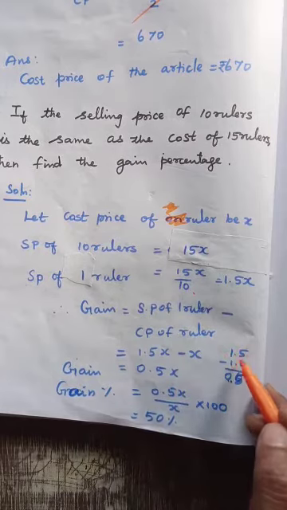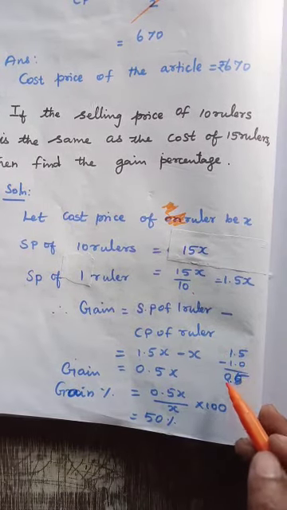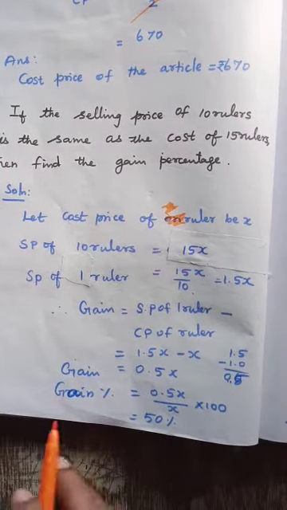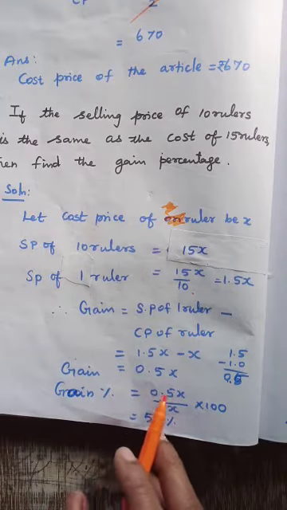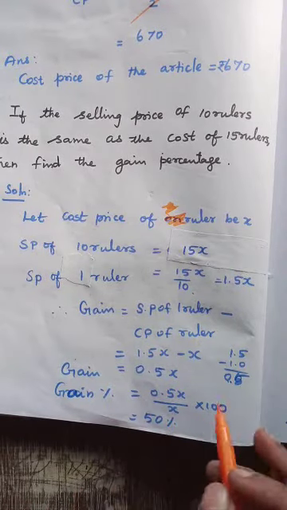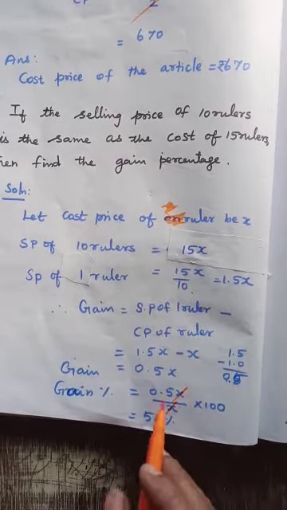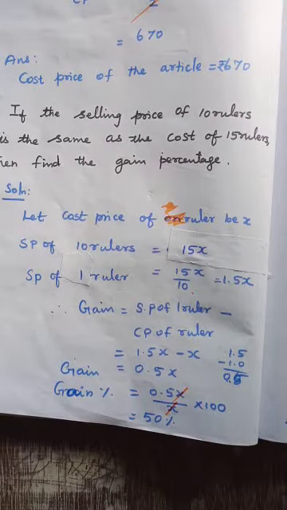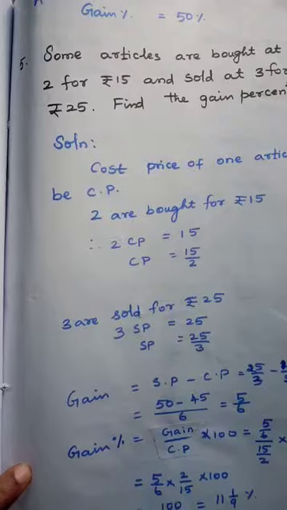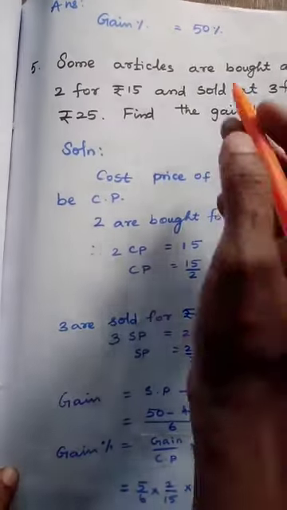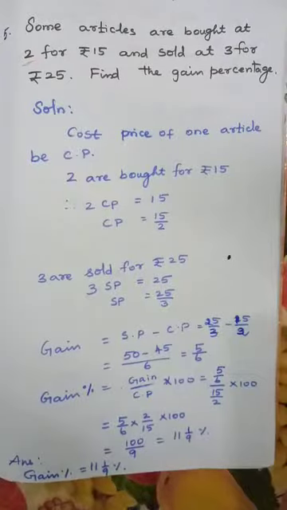How? 1.5 minus 1.0, that is 0.5. So gain percentage is equal to 0.5x by x into 100. Then x and x get cancelled. 0.5 into 100 is 50%. So gain percentage is equal to 50%.